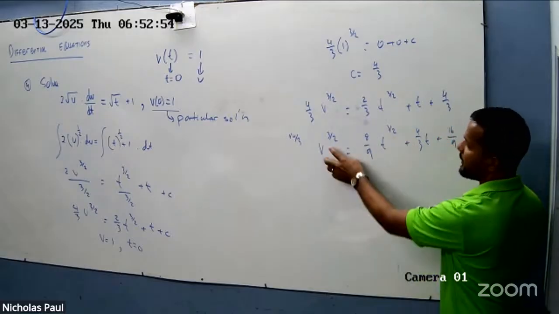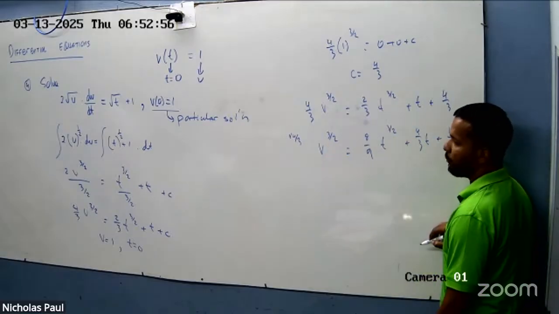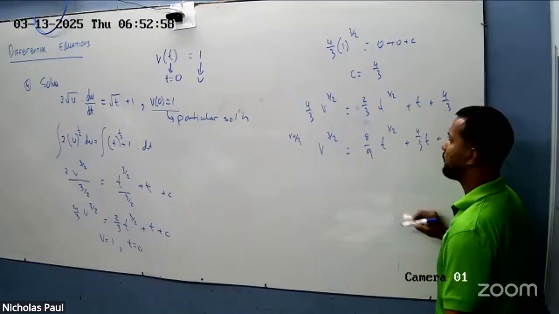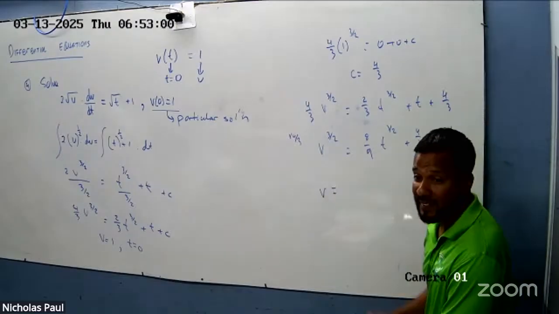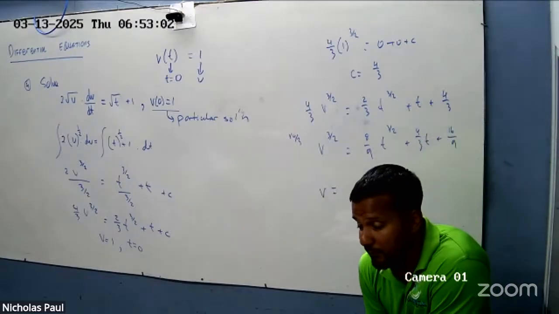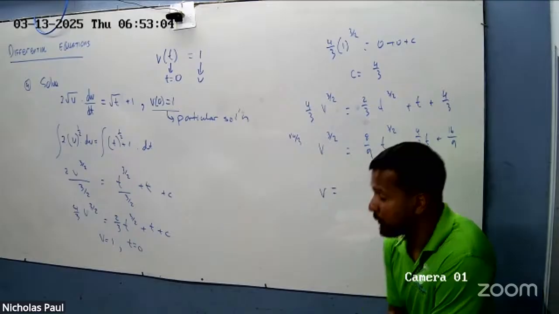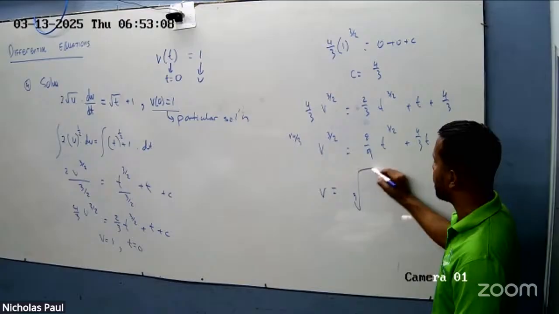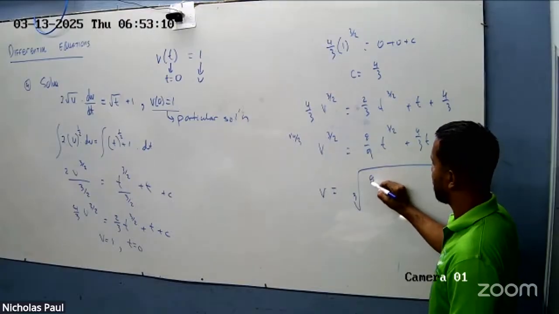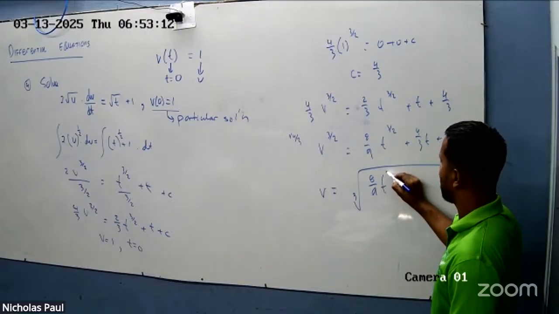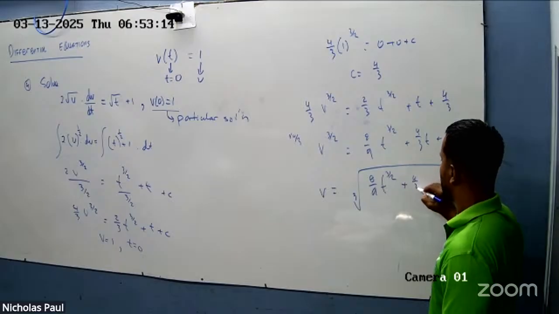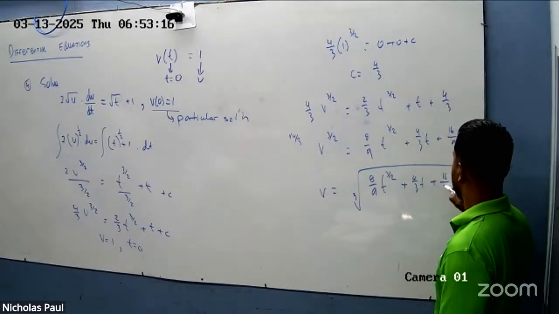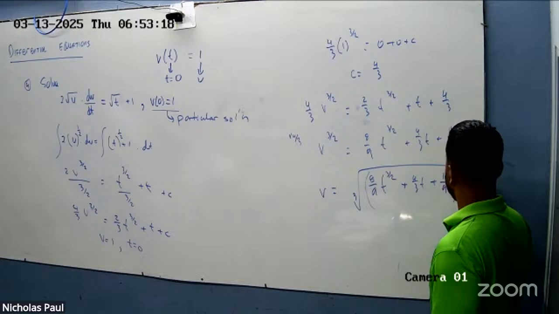And then you can bring across this. When finished, you'll get the cube root of that, all squared.